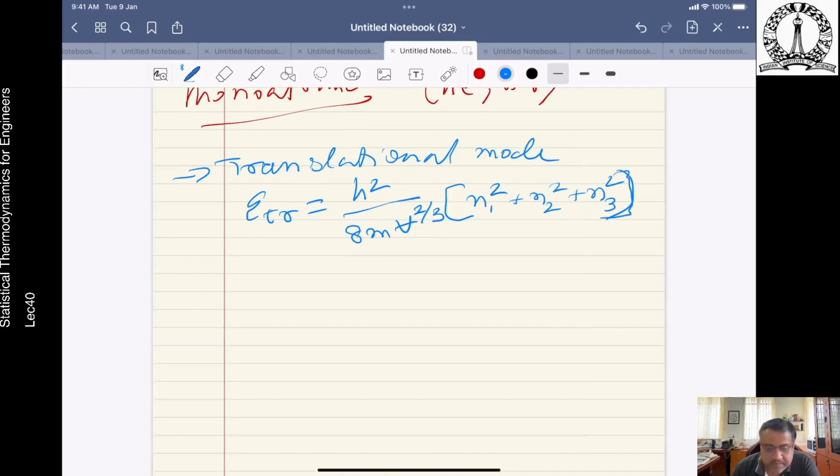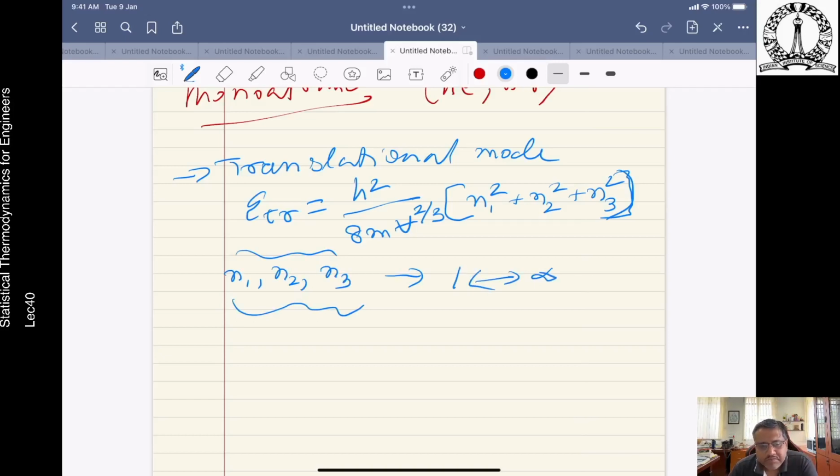Three spatial quantum numbers n1, n2, n3 that can take any value from unity to infinity.